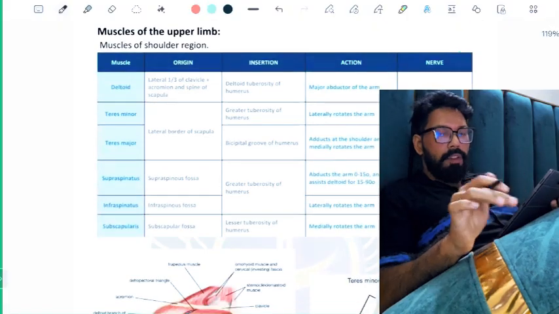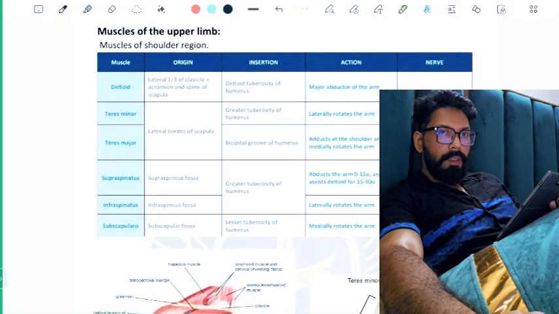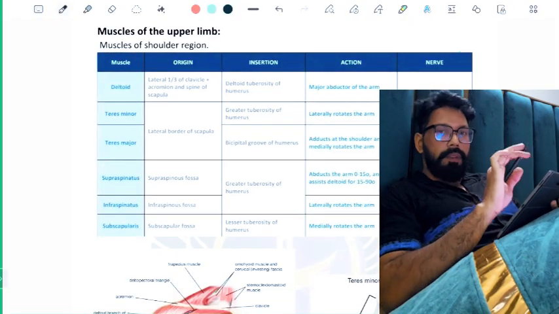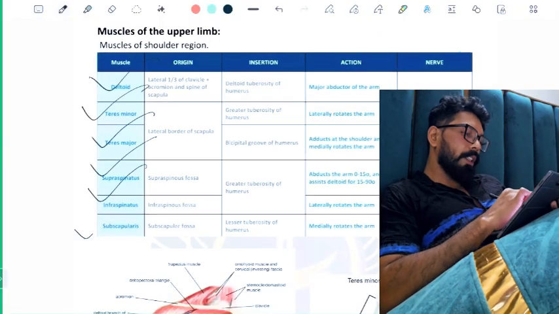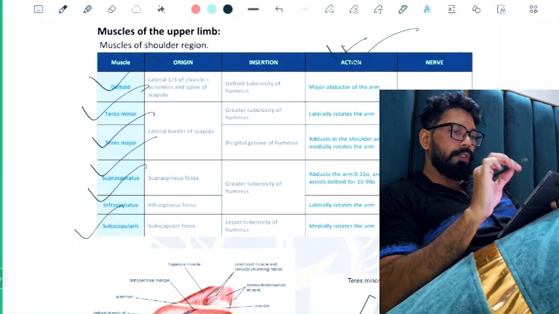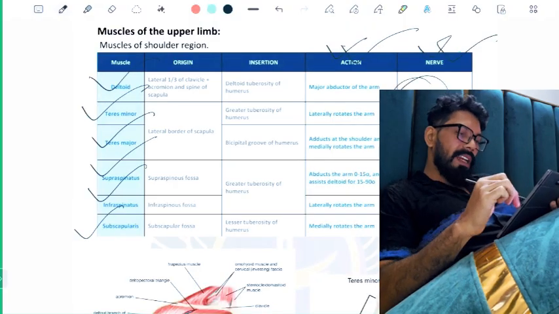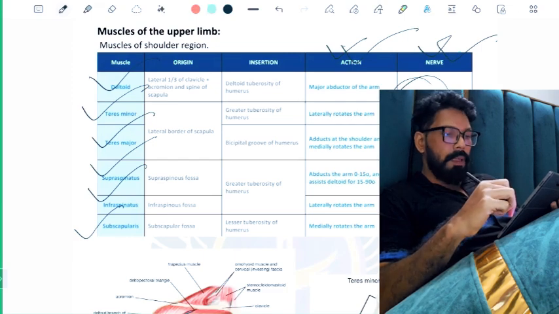Then muscles of the upper limb. Now, guys, from muscles of the upper limb, just the way I told you: deltoid, teres minor, teres major, supraspinatus, infraspinatus, subscapularis, you know the actions of all of them, and nerve supply. I've already shown you the axillary nerve, upper and lower subscapular nerve, very important.